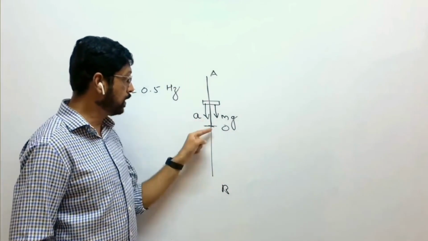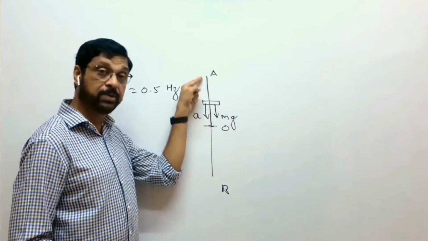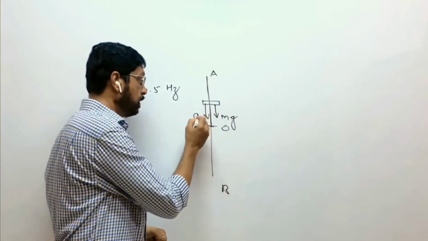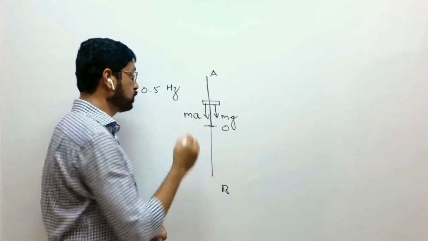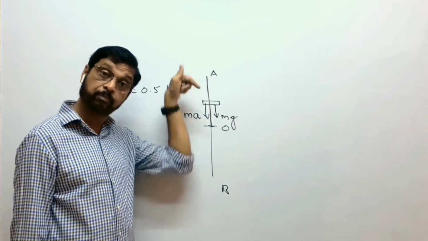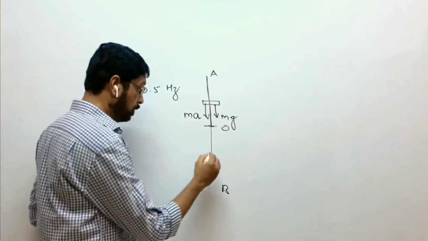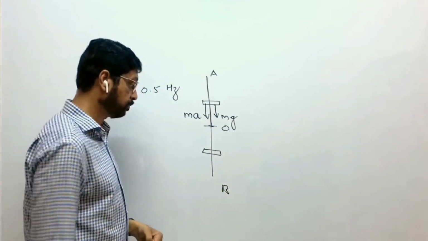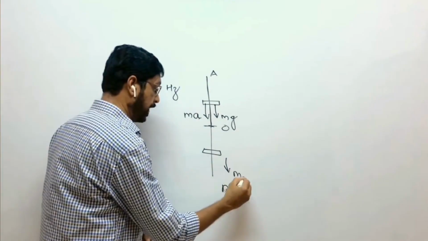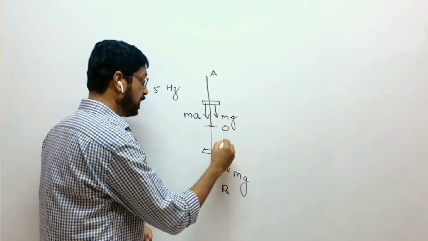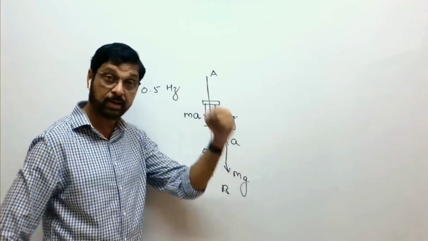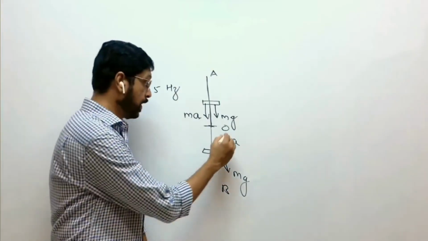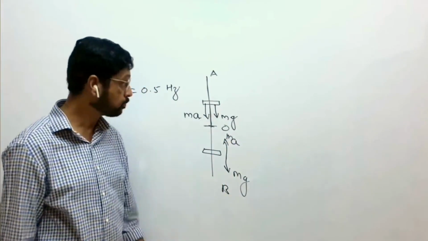So when the block is above the mean position, its weight and the force due to acceleration ma are both downwards. When the piston is here, its weight is acting downwards and the acceleration is upwards towards the mean position. So ma is upwards.